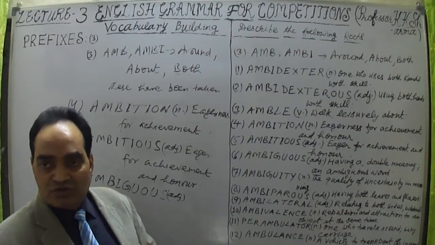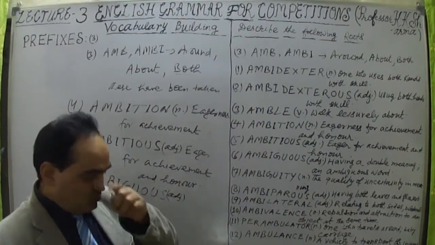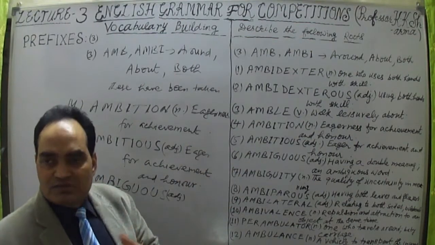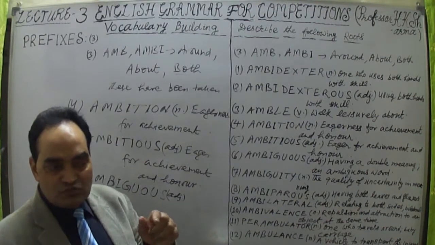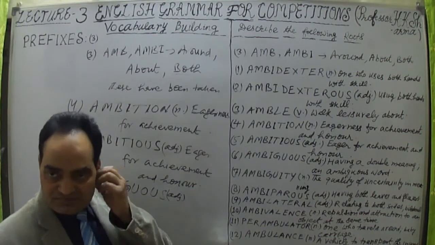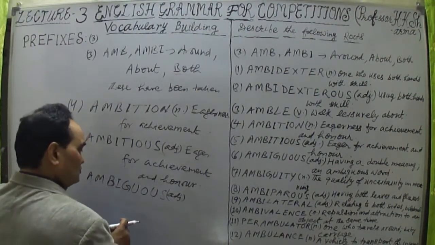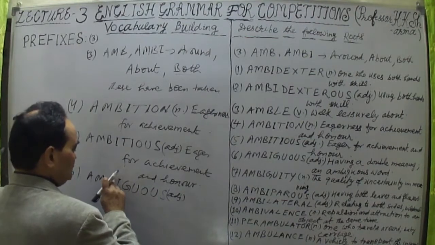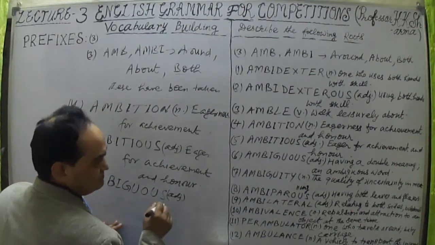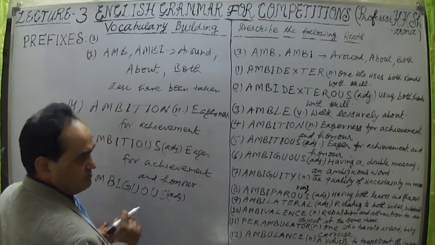The person has spoken something, or somebody else has interpreted it in some other way. So if a word has two meanings, it is ambiguous. There are certain people who always speak ambiguously.